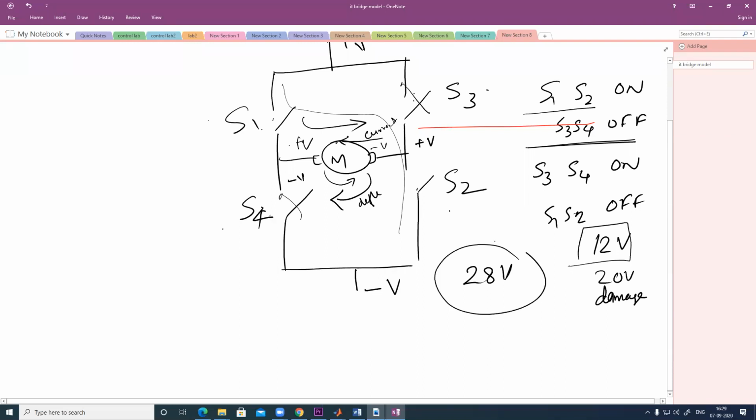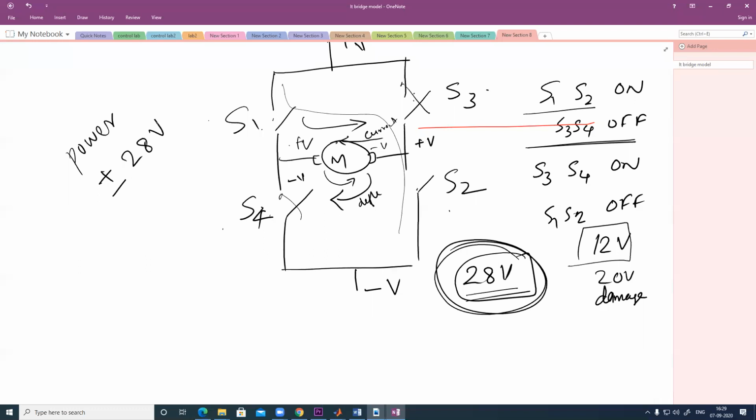This motor is actually 28 volt rated motor. So for safety purpose, you will give maximum voltage of 28 volt only. So you choose a power amplifier to drive plus or minus 28 volt as maximum output voltage. So if you are applying beyond that voltage, motor will damage.